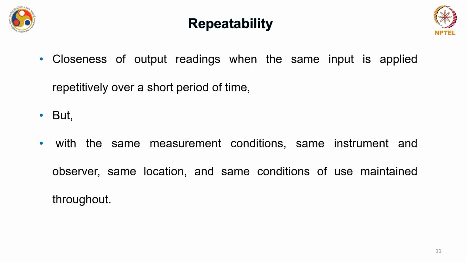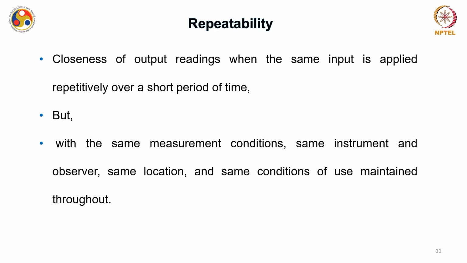The reading has to be taken at the same location, and the conditions also are maintained in the similar fashion which was there in the previous reading. If you see, these conditions were not there in case of the reproducibility.